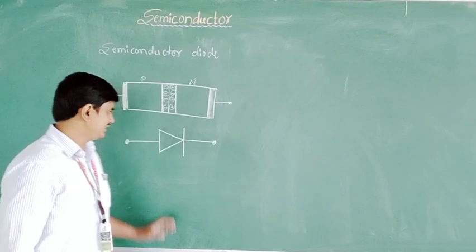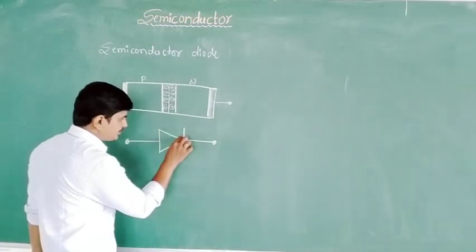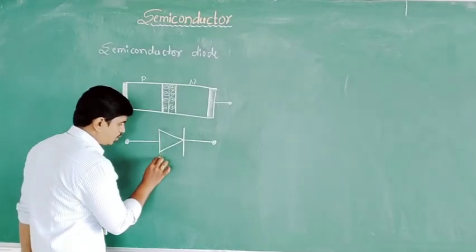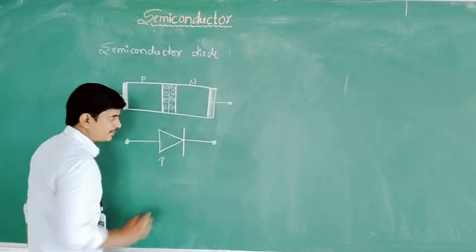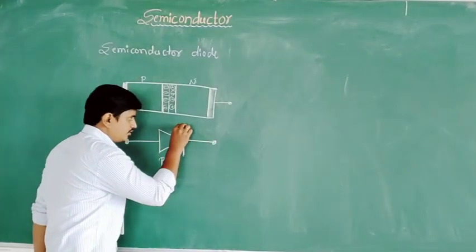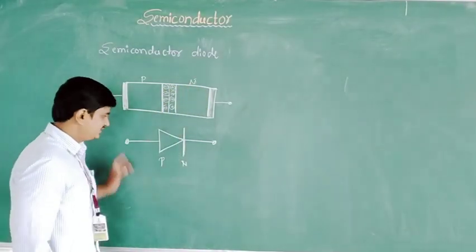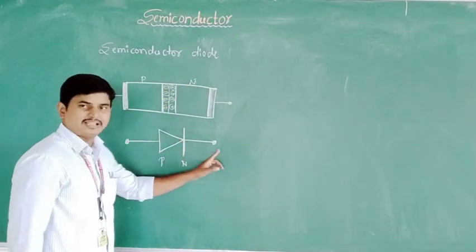The arrow represents the P-type semiconductor, and a line here shows the N-type semiconductor, and these two are the terminals.